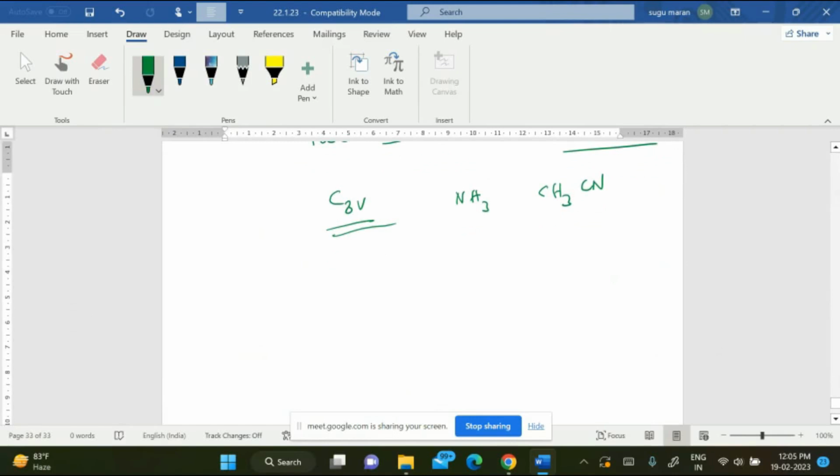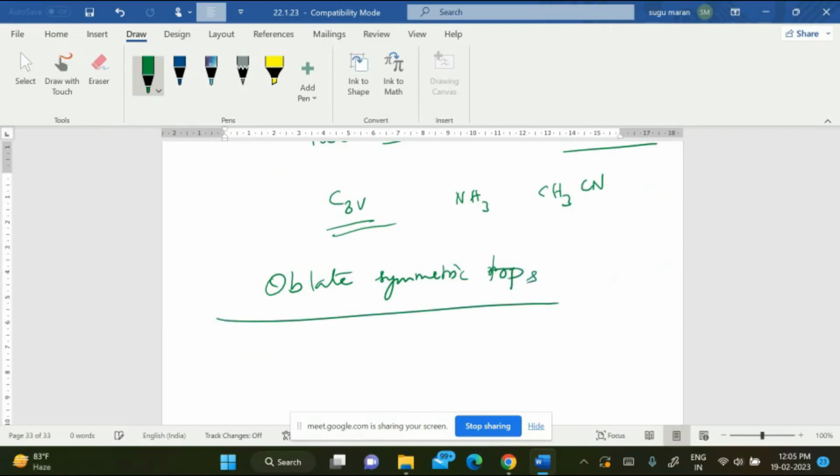Then you have the oblate symmetric top molecule. This likewise will have two I values, though technically three sets of I values, which are IA equal to IB, which is less than or equal to IC.